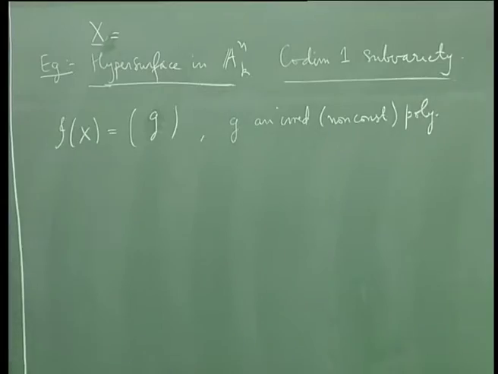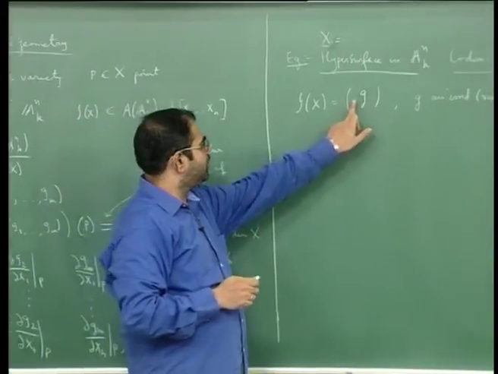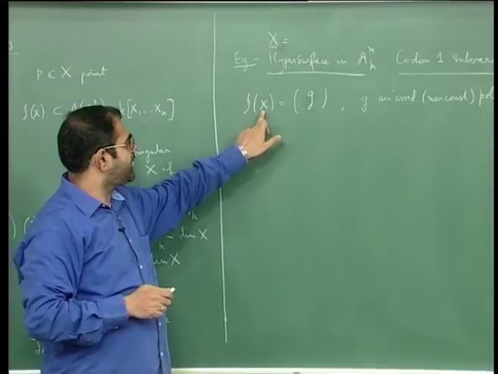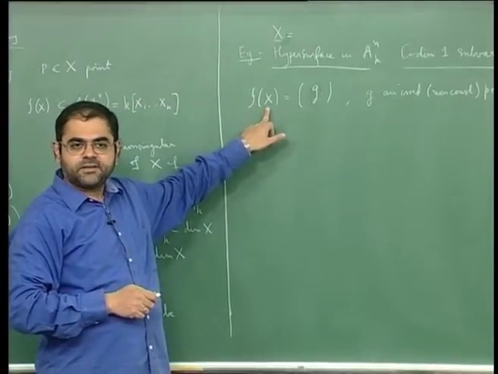We have seen this. Now if you take a point P on this hypersurface, when is the point P smooth?